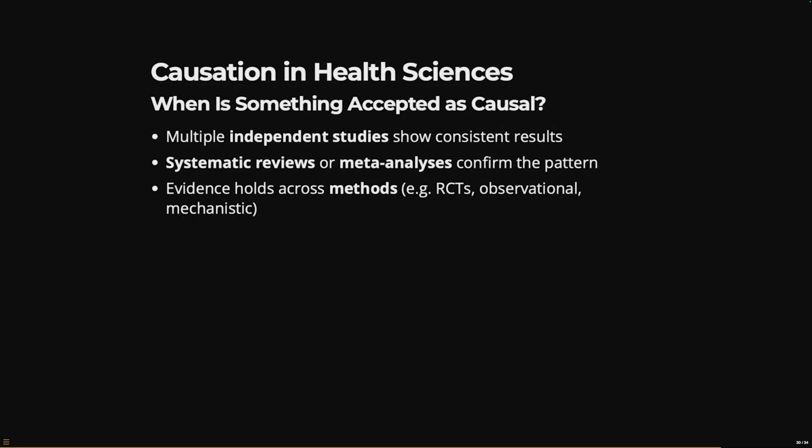But then the question is, if you have those criteria, how do you accept it? Who accepts it? There's no, it really depends. It felt like you were building up to an it depends. I know. For several slides. Yeah, right. So at the least, you would want multiple independent studies with multiple systematic reviews and meta-analyses with the same evidence and across different methods.